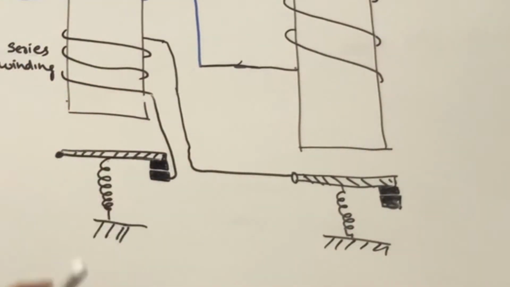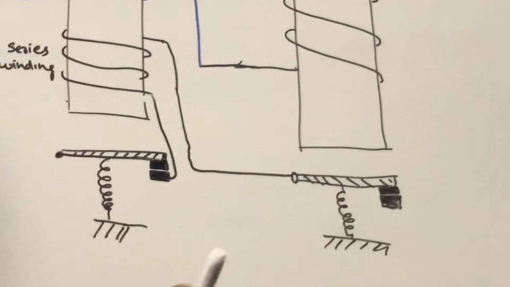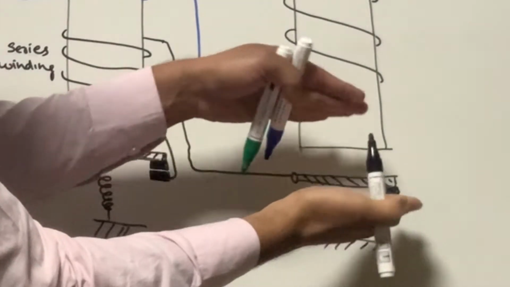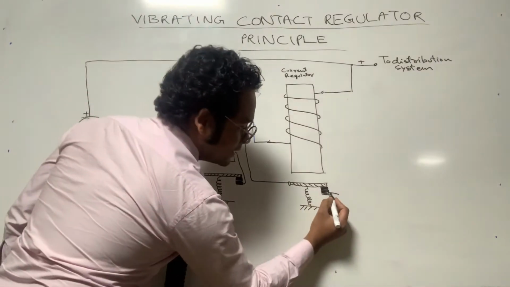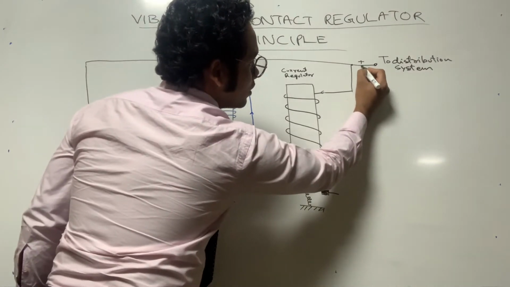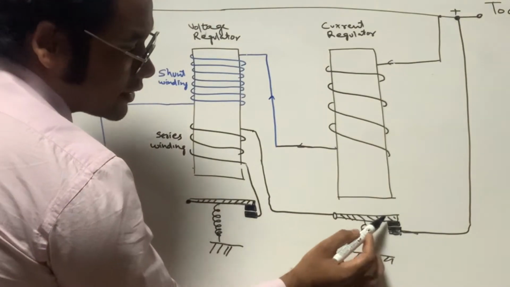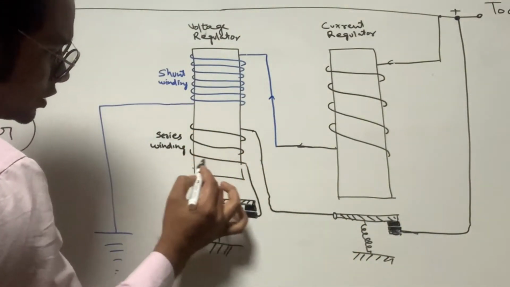Okay, so right now the armature is closed because of the spring force pulling it. So this side also the spring force has pulled the armature down, hence both the contacts are joined. And this end is connected again to the output terminal of the generator. This contact is in touch with this contact, because of which the current will flow like this via the series field winding.